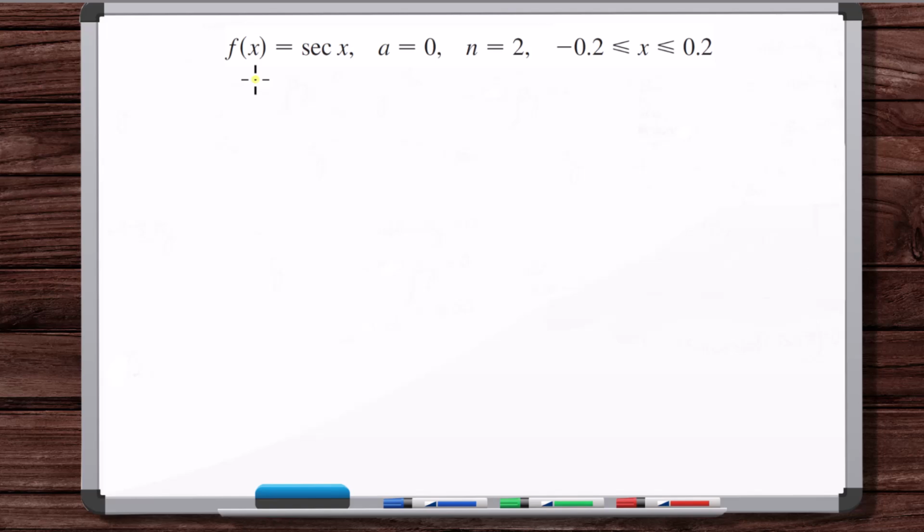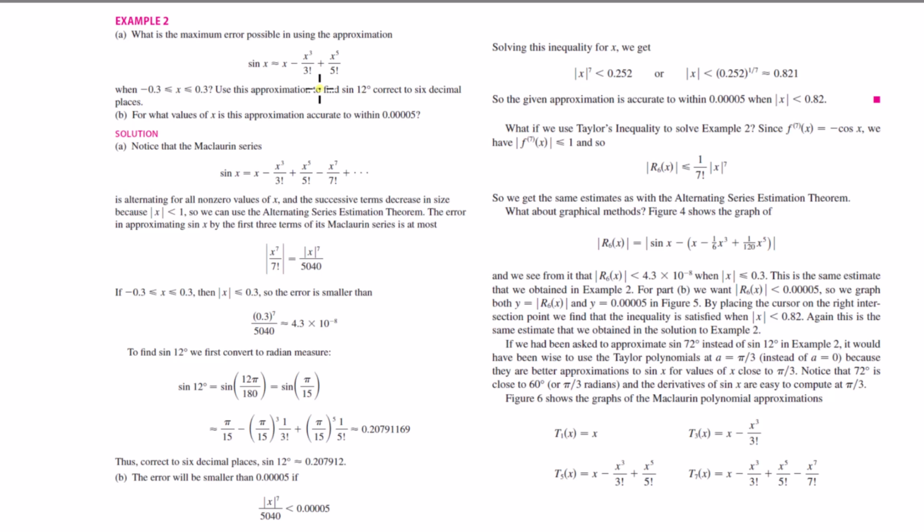And based on the example the textbook showed, if we take a look here, here's the example. It's the T sub 5 of the Maclaurin series of sine x. And what they did was, every other term is 0, right? So they're skipping x to the 4th, x to the 6th.